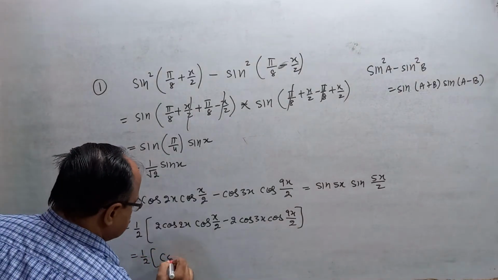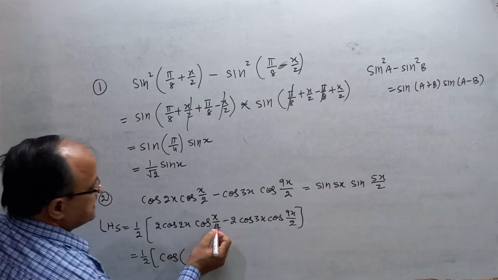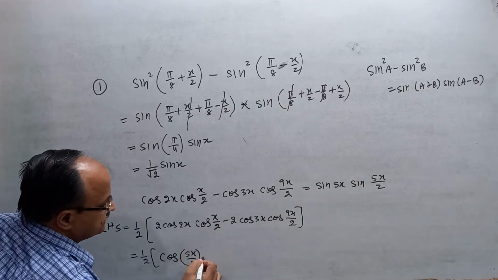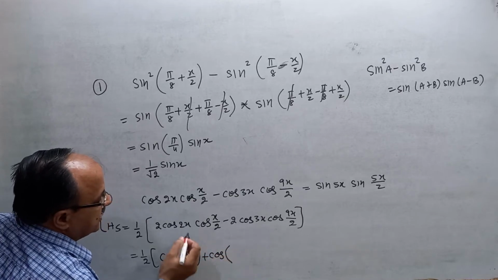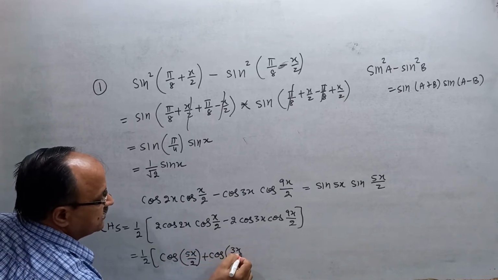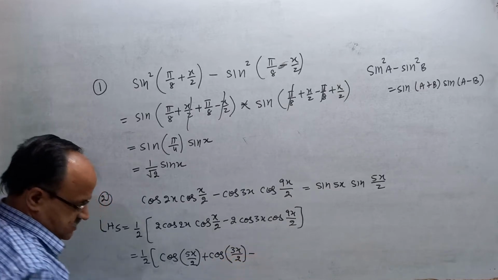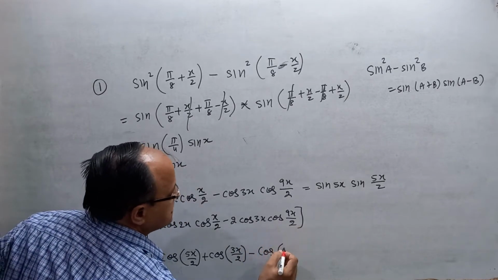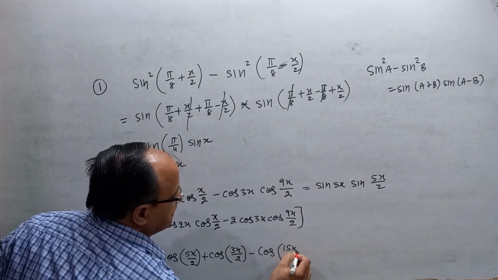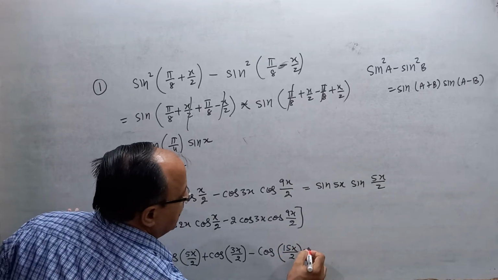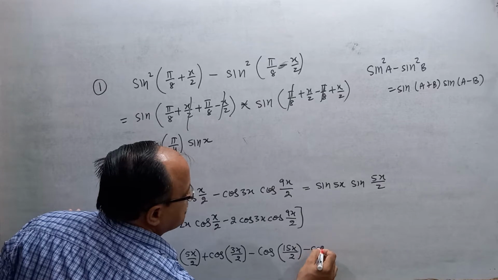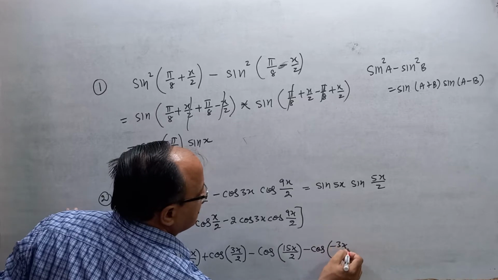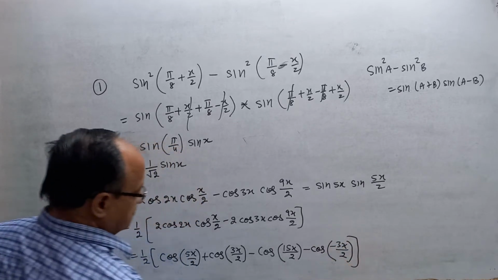The formula is cos (x plus y), 2x plus x by 2, that is 5x by 2, plus cos (2x minus x by 2), that is 3x by 2, minus, apply here the formula cos (x plus y), this plus this, 15x by 2, and minus plus, that is cos (6x minus 9x by 2), that is minus 3x by 2. This is the question.